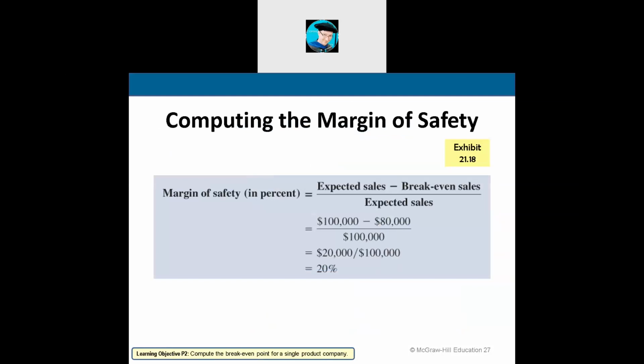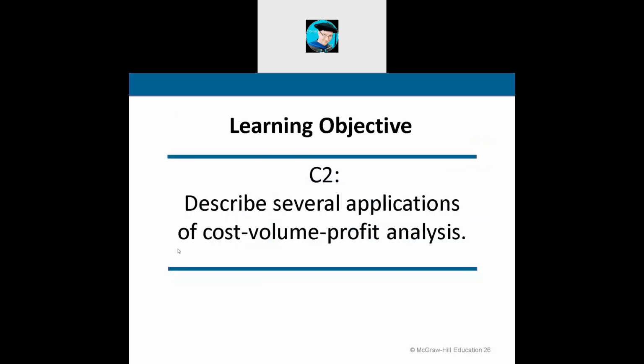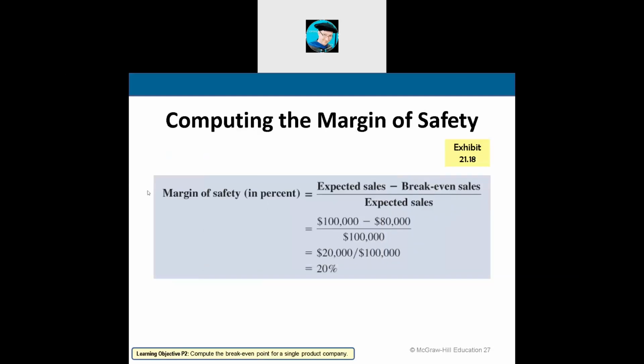I can look at break even in a couple different ways. I can also apply break even in a couple different ways. This is another method of applying break even. This one's called the margin of safety.